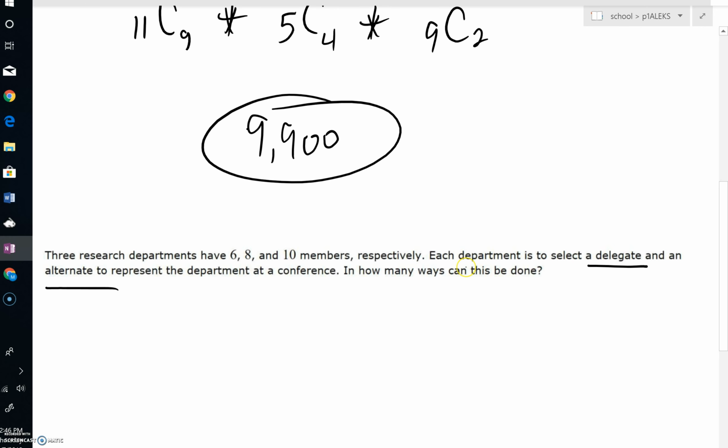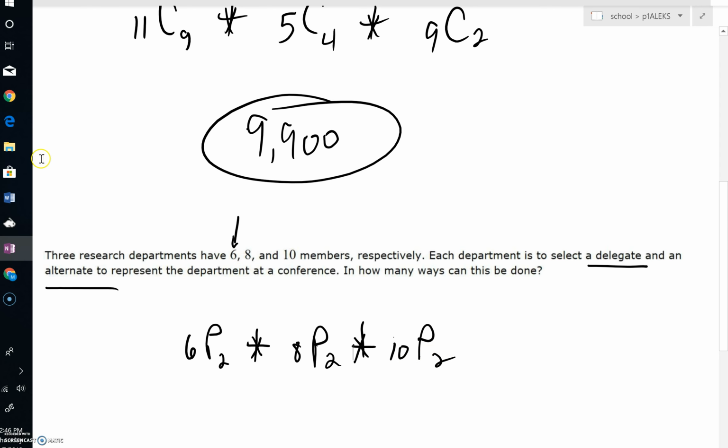And how many ways can this be done? Well, order matters. So here's your first department. Out of 6 people, you need to choose 2. Your second department, out of 8 people, you need to select 2. And then finally, in that last department, you'll say out of 10 people, you're going to need to select 2.